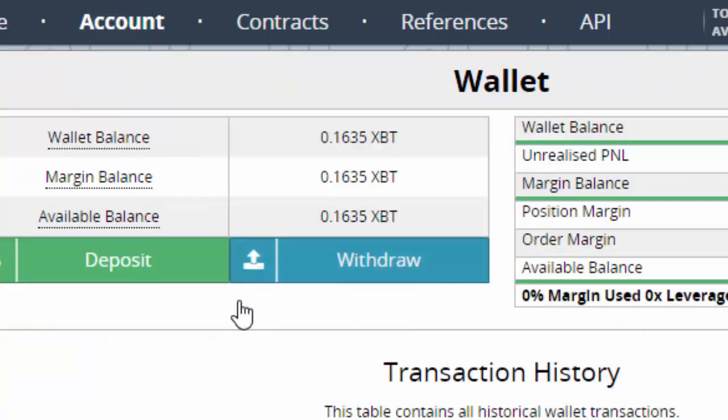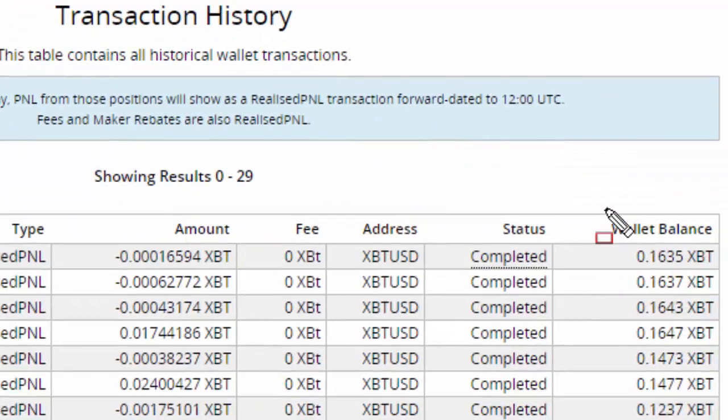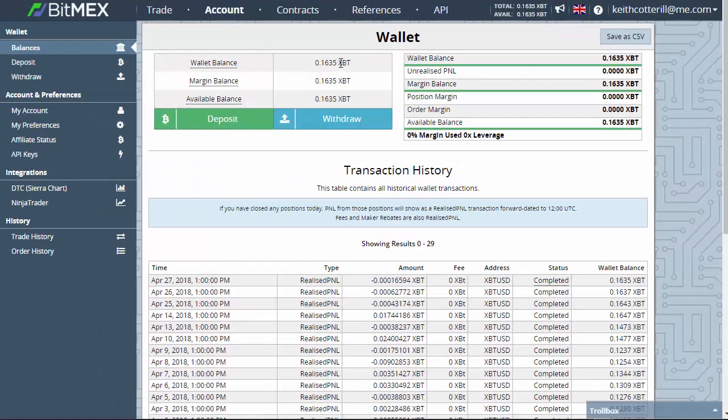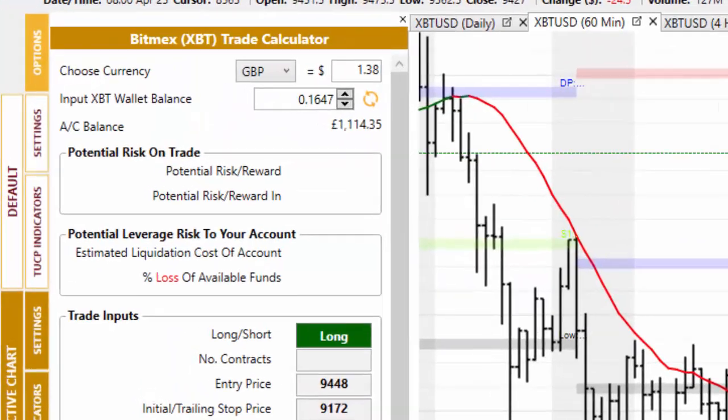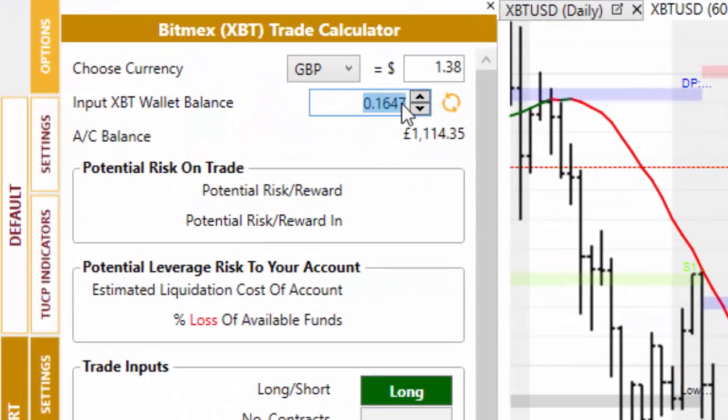Either will bring up the wallet balance, and you can see we can either take it from here, which is the most obvious place, and also you'll see it here as well from the last few trades that were actually made. So we've got 1635 there. It's the easiest way to remember that one. So 1635, I'll just type those figures in, and that gives us a more accurate picture.